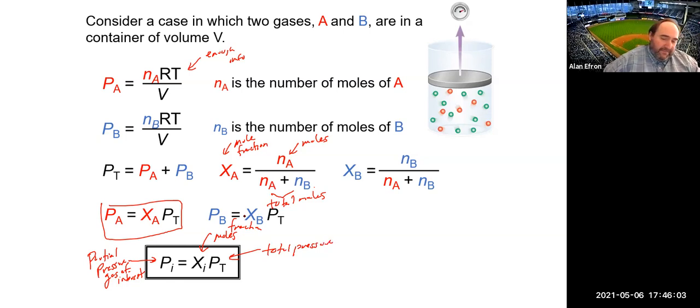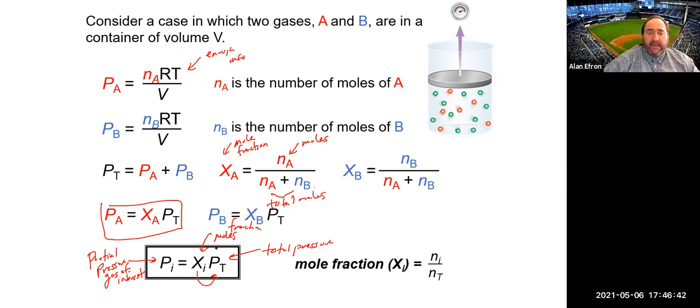So like I said, mole fraction is kind of like a percentage. So really you're taking the percentage of that gas times the total pressure, and it'll give you basically the partial pressure. So this is a nice little formula where you can still figure out partial pressures and total pressures, as long as you have some type of information to get to grams or moles, or some type of information about total pressure, or even if you have information about one of the partial pressures and some mole information, you could do that as well.